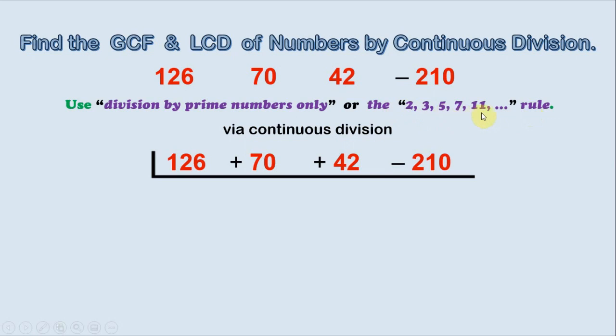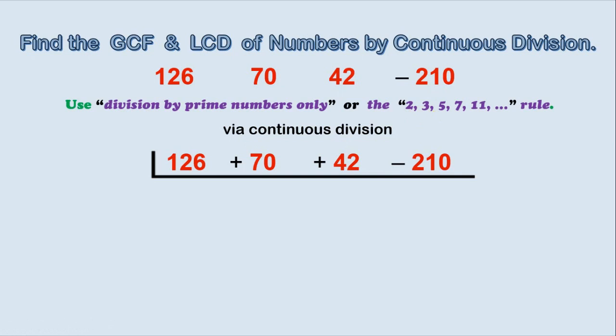Begin your search for a possible prime divisor from the lowest prime number. Use the prime divisor found for as long as it can divide the numbers. Proceed only to the next higher prime number when all the lower prime divisors have been exhausted or are not able to divide the numbers anymore.